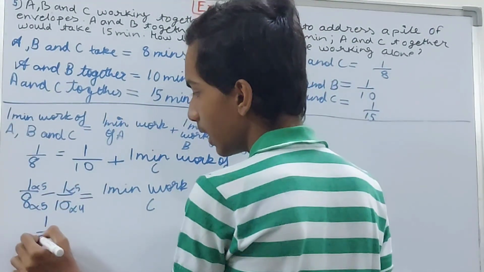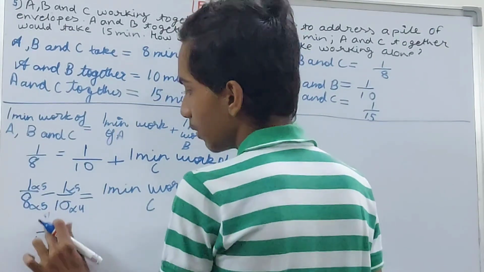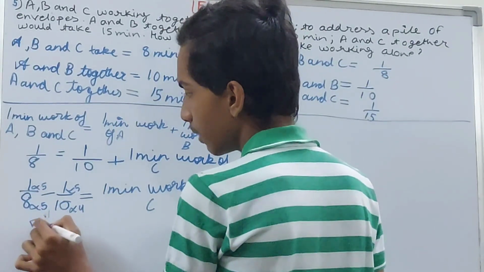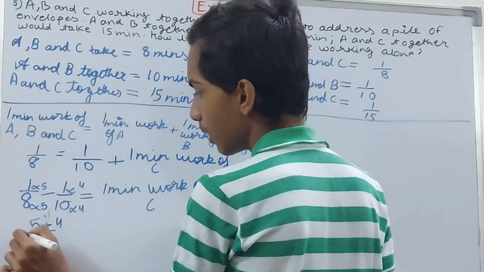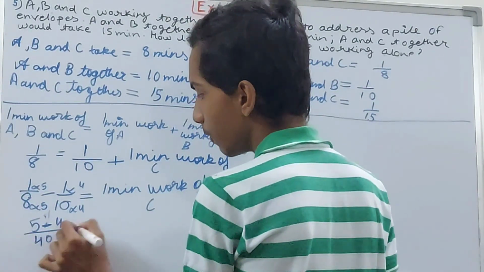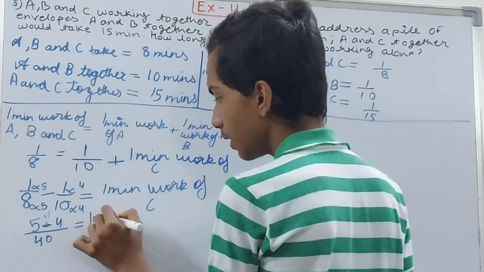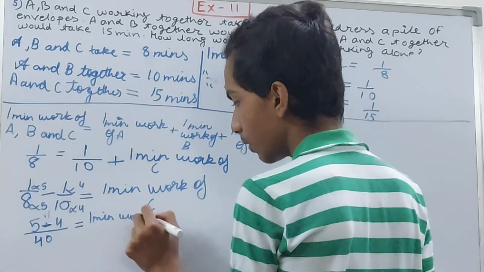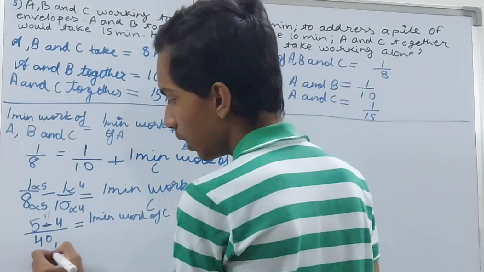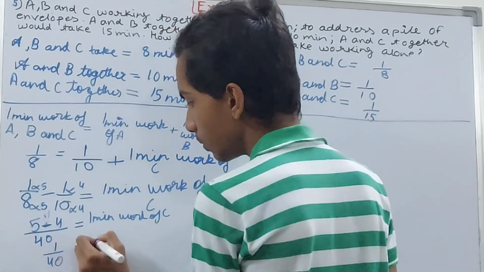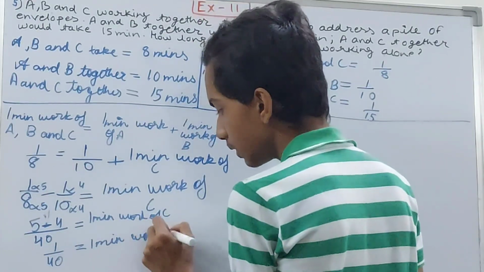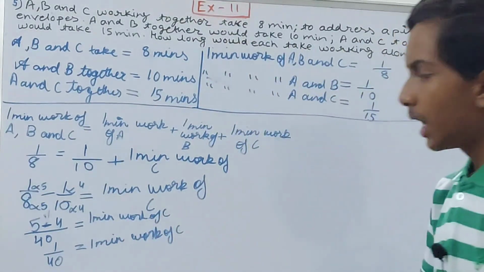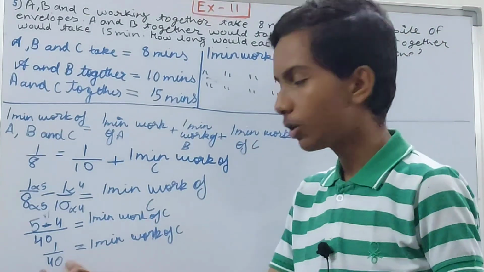So 5 minus 4 upon 40 is equal to 1 minute work of C. 1 upon 40 is equal to 1 minute work of C. Now you can see I have calculated 1 minute work of C.